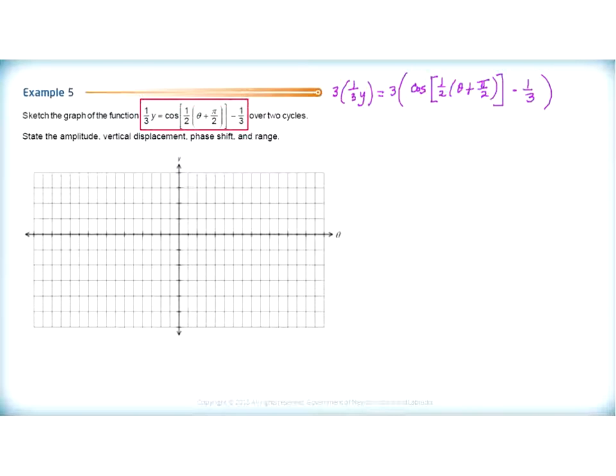So when you multiply 3 times 1/3 y, you just get y is equal to 3 cosine of 1/2 times theta plus pi over 2. And what's important here is that you also have to remember to multiply -1/3 by 3 to get -1.